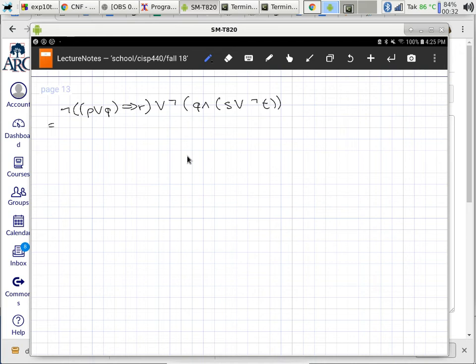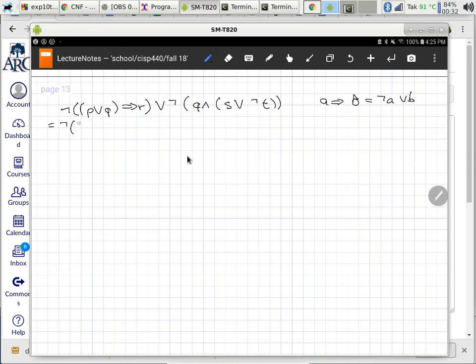Sounds about right. Okay. So the first thing we do is we get rid of the implication. On the side, I'm going to write what I'm using to perform that step. A implies B is really the same thing as not A or B. So that's the rule I'm using here.